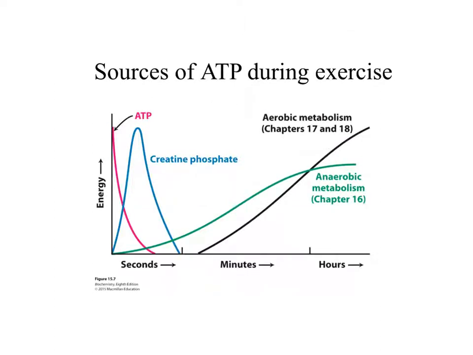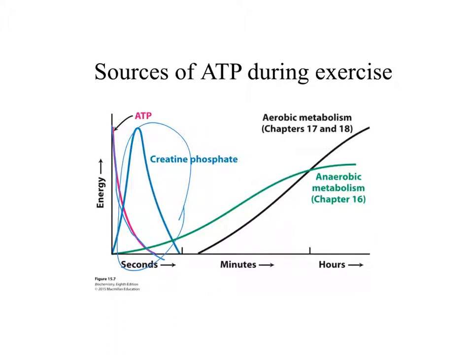So this figure is just showing that process. We can see how ATP, this red line here, is rapidly depleted during exercise. After that point, the creatine phosphate is going to kick in, and it serves as a major source of phosphoryl transfer groups to regenerate some ATP.